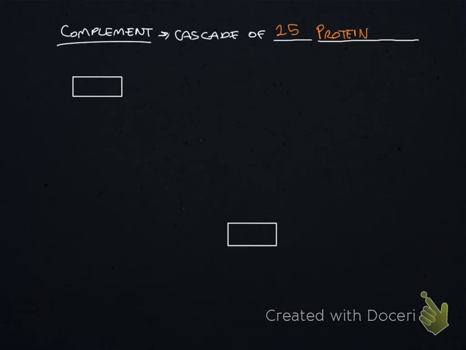And we have a starting protein that ends up forming this complex called a MAC. Like I said, it's a cascade, so we'll have the squirrely line that's going to represent the cascade. Remember, a cascade is a waterfall of chemical reactions, one leading to the next and the next and the next. But I'm not going to ask you to memorize these 25 proteins.